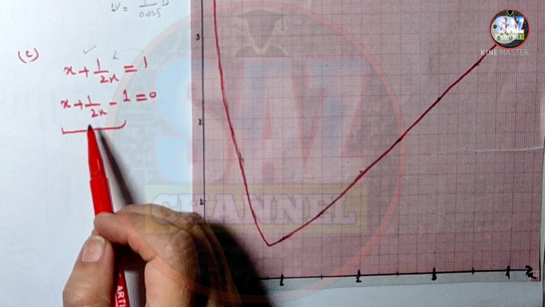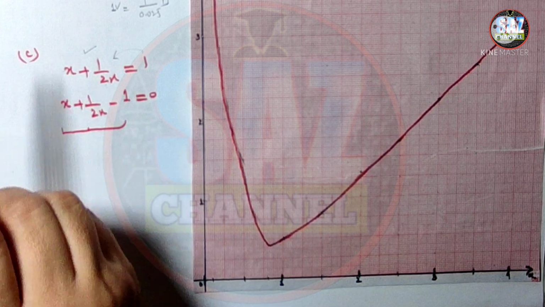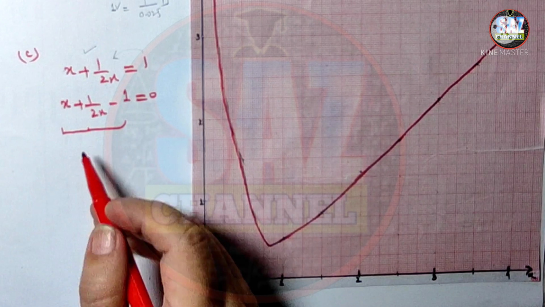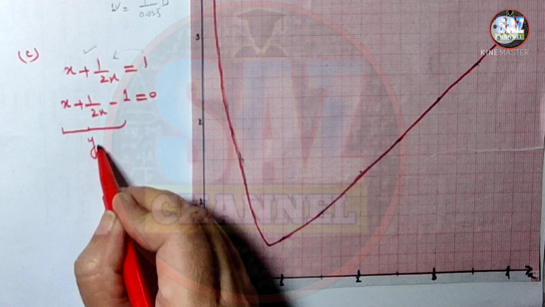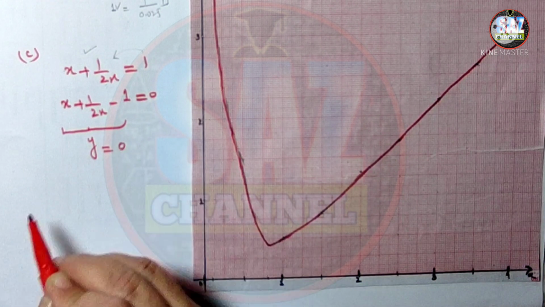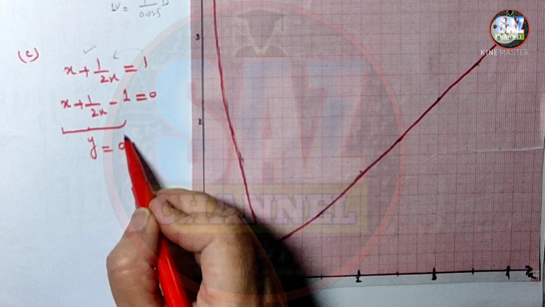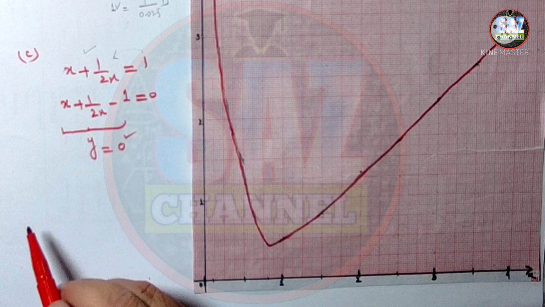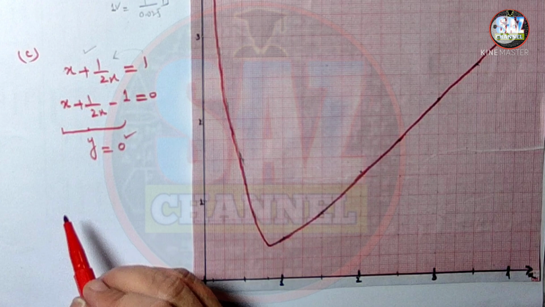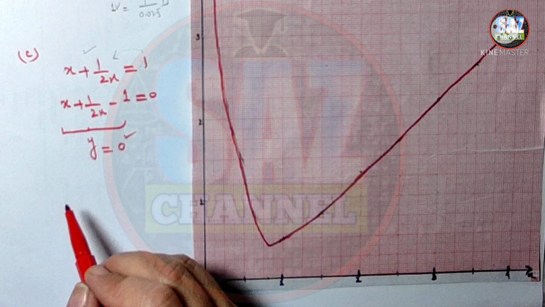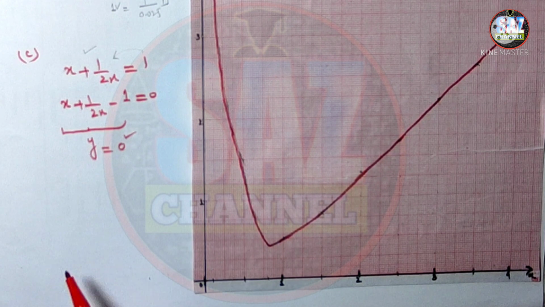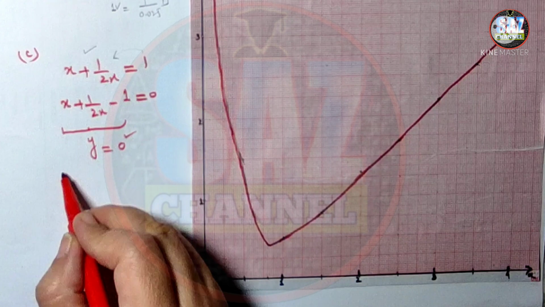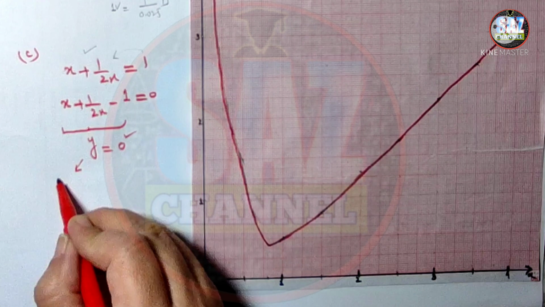This is (x plus 1) over 2x minus 1, and in the question it is equated to y. So instead of this whole expression, I will be replacing y equals 0. And now recall my coordinate geometry lesson, that y equals 0 is the equation of which line or which axis. This is the equation of the x-axis.